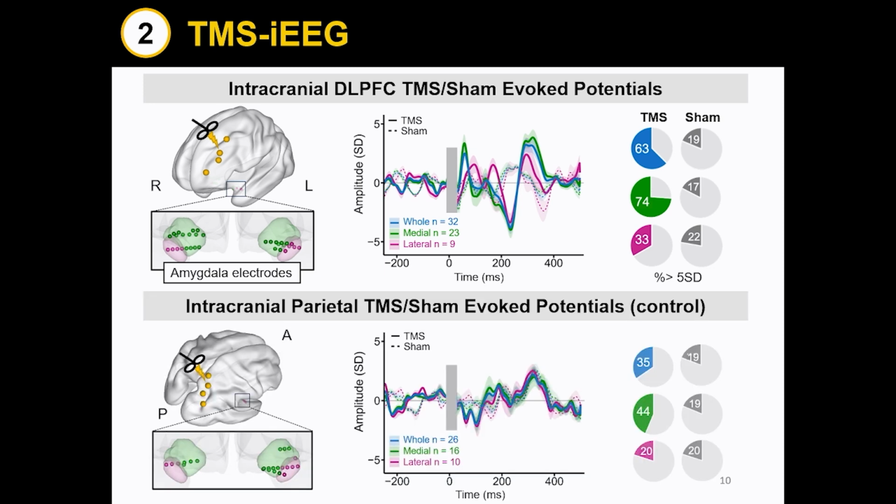As a second control, we delivered both active TMS and sham TMS to the parietal cortex. We also didn't see a similar pattern as seen with the DLPFC TMS.